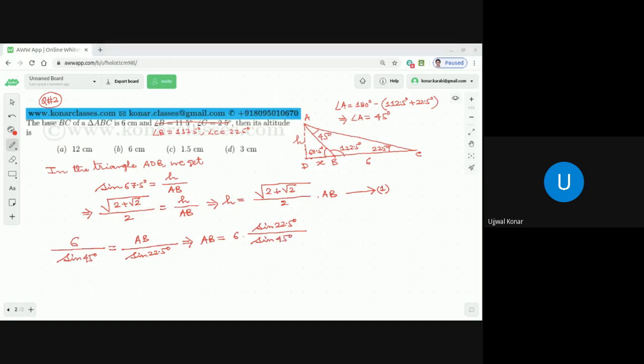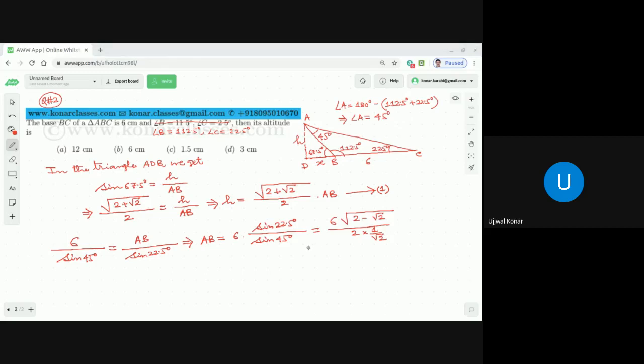Now sine 22.5 degree, that value you need to remember, and that value is equal to square root of 2 minus root 2 divided by 2, and sine 45 degree we all know is equal to 1 by root 2.